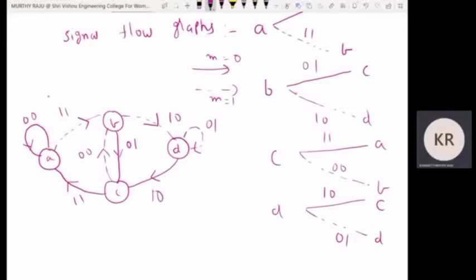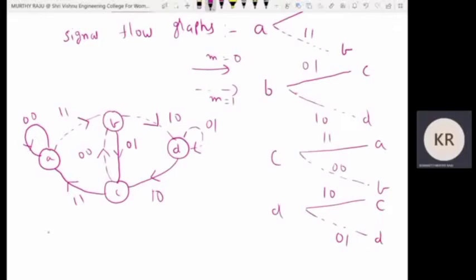So this is the state diagram. State diagram is nothing but the representation of all the states, and also all possible transitions between them.